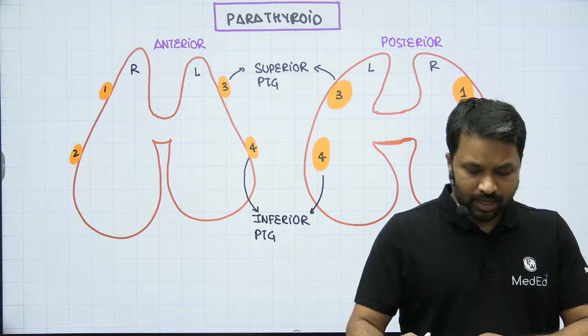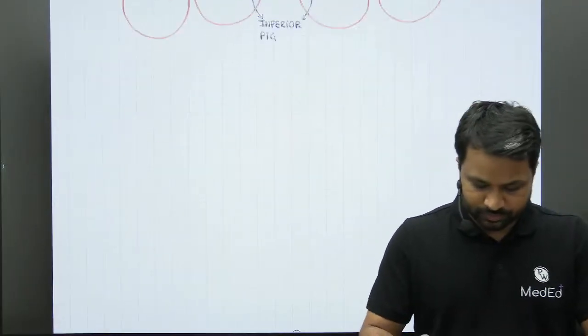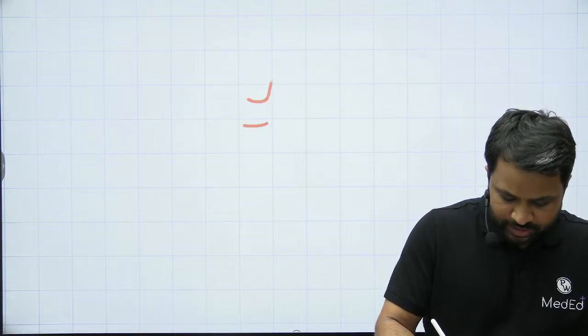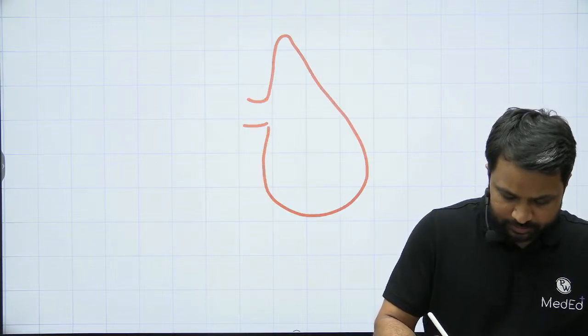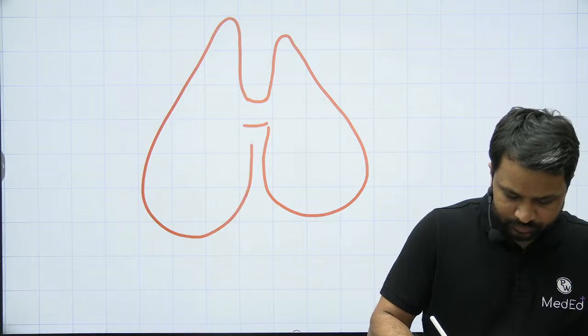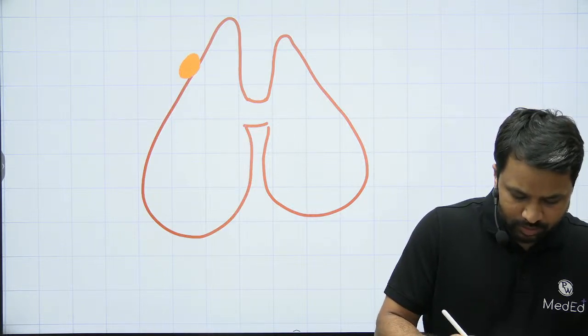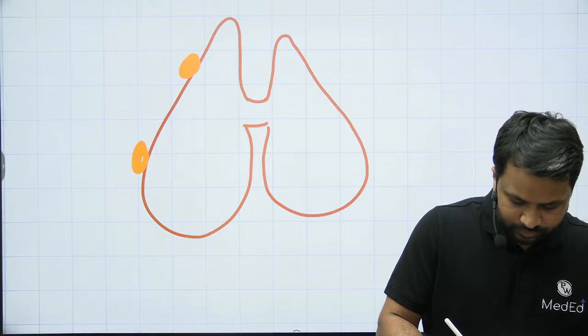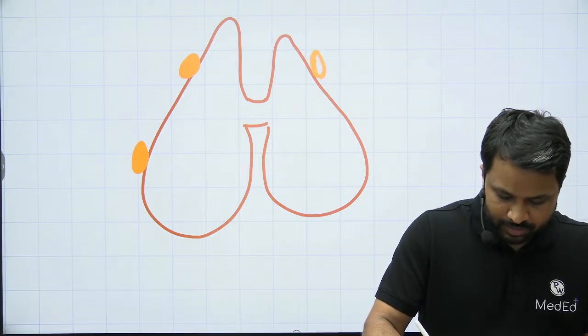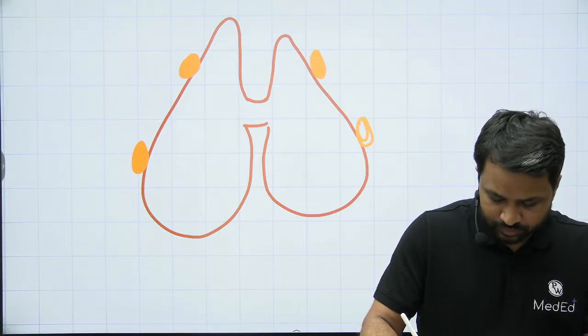Now, for a simple context, if I recreate this diagram, let's say this is the representation of the thyroid gland, and these are the paired parathyroid glands that you have.